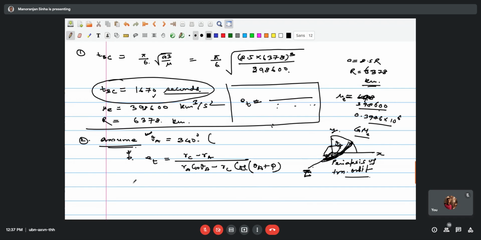Let me draw here. From here to here, this constitutes your phi angle, because this is the point A and this is the point C, and B is lying somewhere in between. So phi here in this case is equal to 90 degrees.